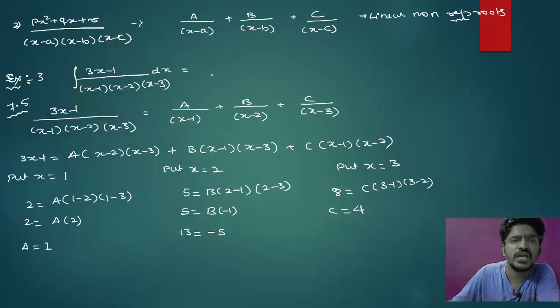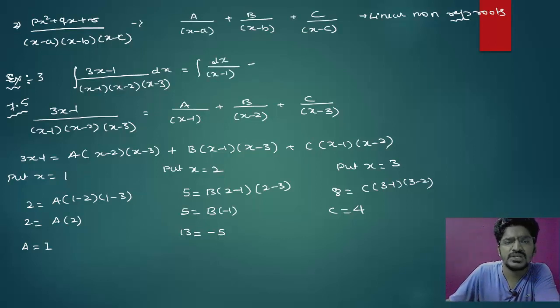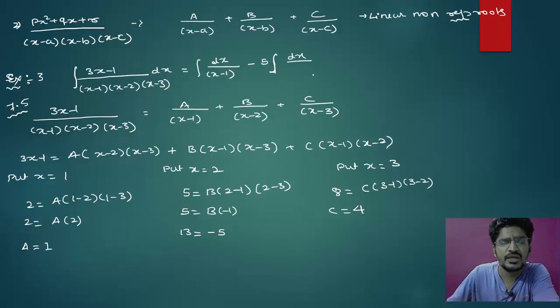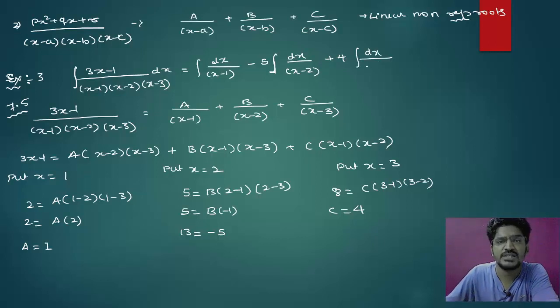Put in the value of A, that is 1. So integral of dx divided by (x − 1), plus B value is minus 5; minus 5 I will take as a constant outside, integral of dx divided by (x − 2), and you can see C value is plus 4, integration of dx divided by (x − 3).